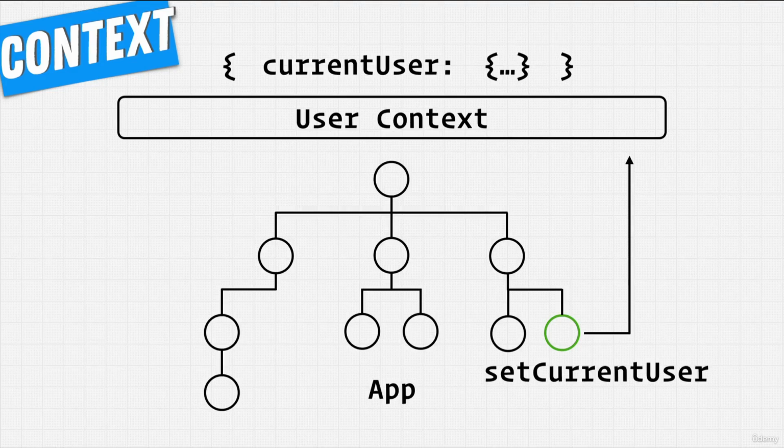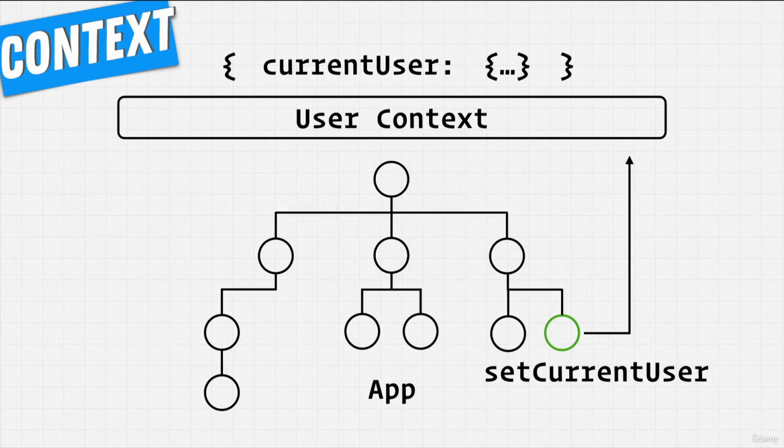I want to set the current user because this component, let's say for example, is our sign-in page. It will be able to then get that user from Google API or whatever, and then we can propagate that object up into our user context and update current user appropriately.